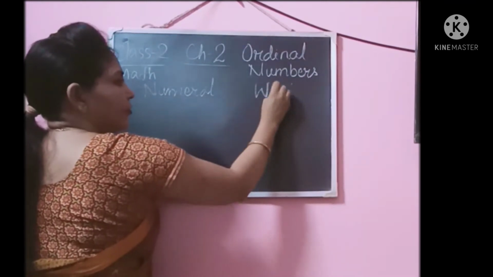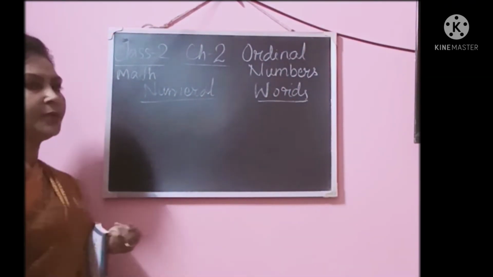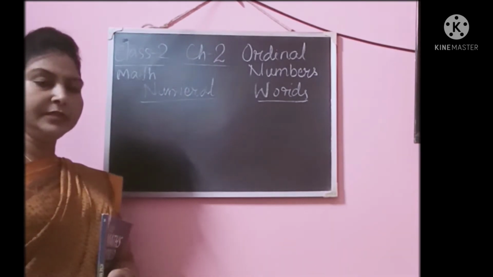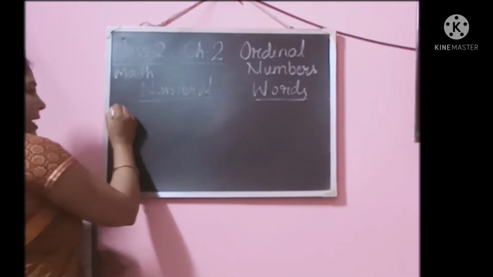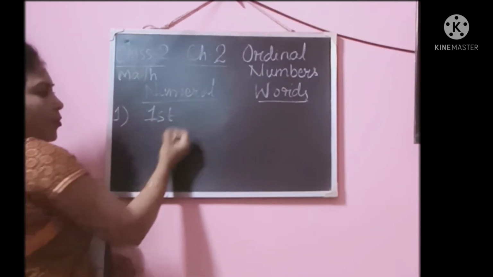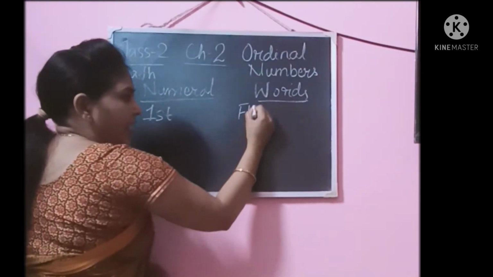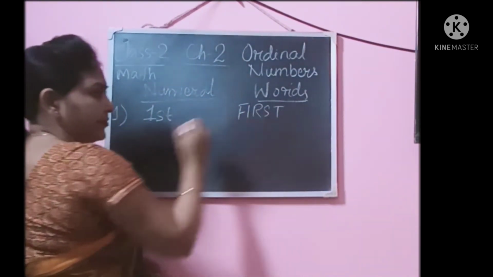Like first, this is 1ST, and in words we write FIRST, first. Then second, how do we write second in words? SECOND. This is second.